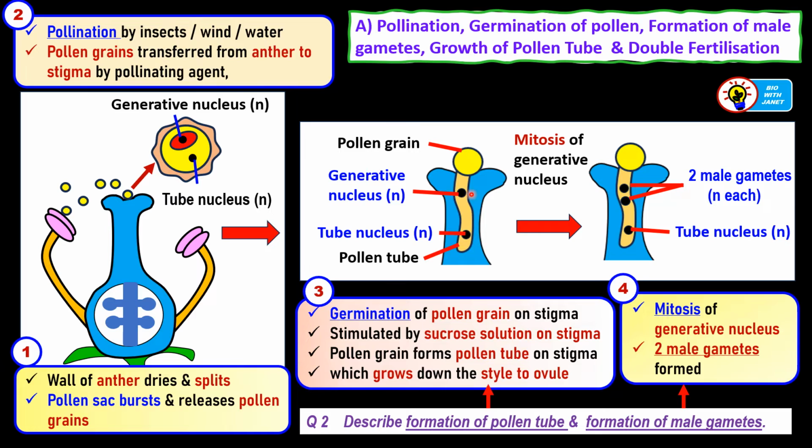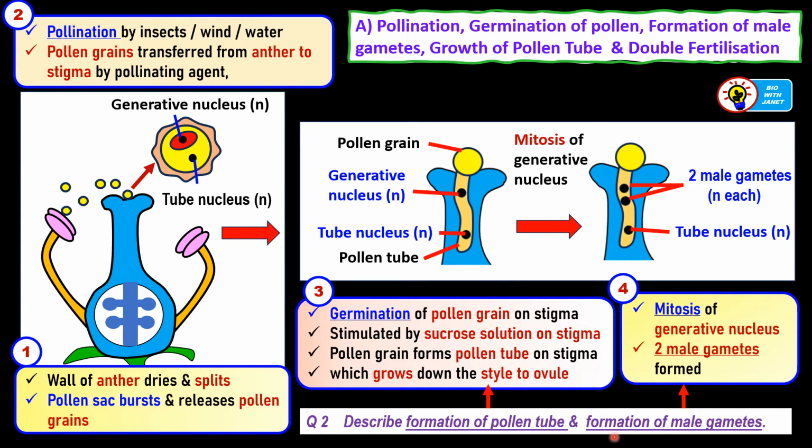So the sucrose solution provides the food and in that way provides the energy for the growth of the pollen tube, right? So this pollen tube will then grow down from the stigma to the style and then down to the ovary, and finally it will reach the ovule so that the male gametes can carry out double fertilization, right?